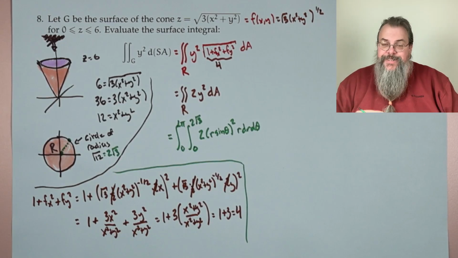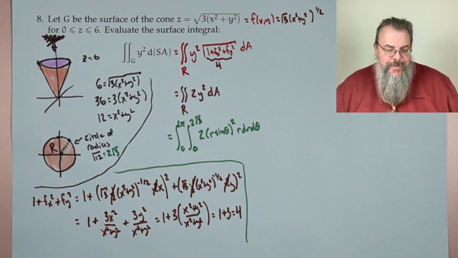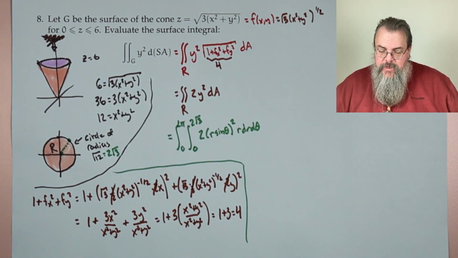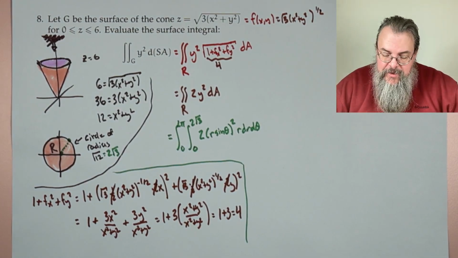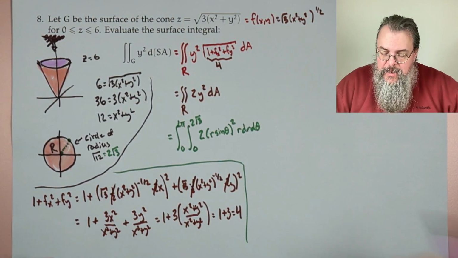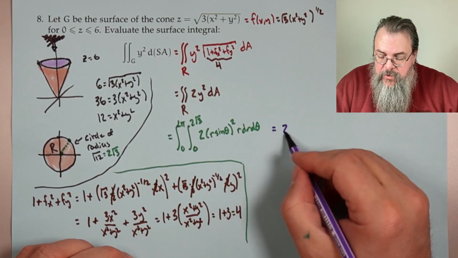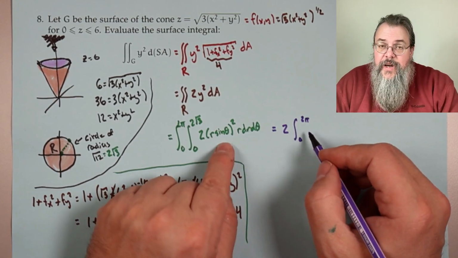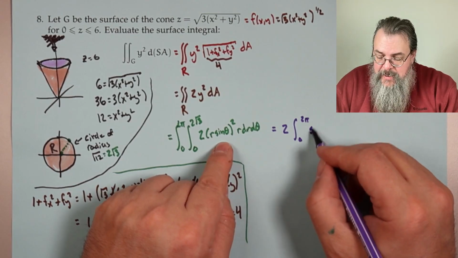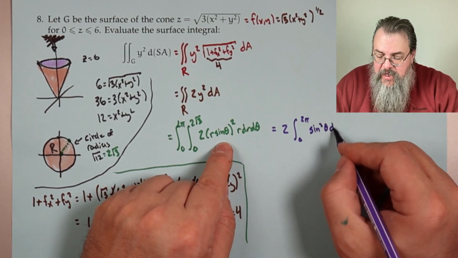Okay, good. Now, what comes next? Well, we can sort of push things around. The 2 is a constant. That can go all the way out. So this is 2 times the integral, let's pull out the theta part, sine squared. Now that's going to take us a minute, but that's okay.